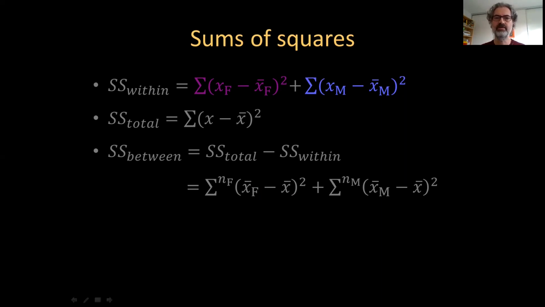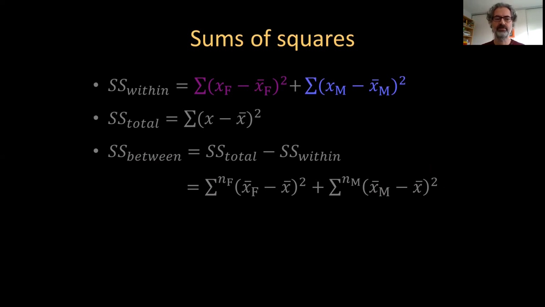The grouping makes no difference, the variables are unrelated. But if the grouping does make a difference, then we can account for some of the variability in the data by grouping them. And then the differences between the group means and the grand means are the variability between groups. So this is the sum of squares between groups, and that's the part that we actually account for by the grouping.